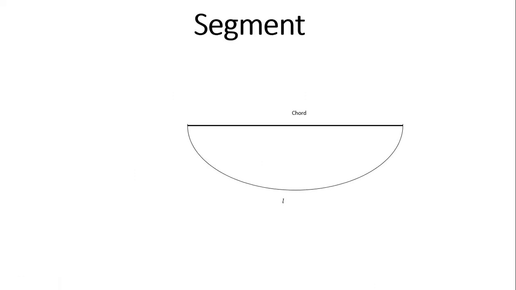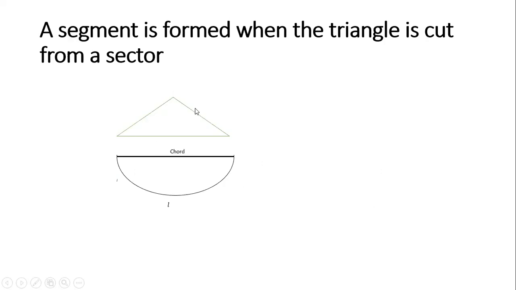The next shape we are talking about here now is our segment. The segment actually is cutting off the triangle from our sector. Can you see the triangle? Cut off this triangle, then you have your segment. So the segment is formed when the triangle is cut off from the sector.